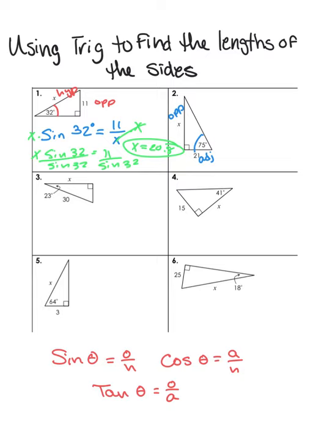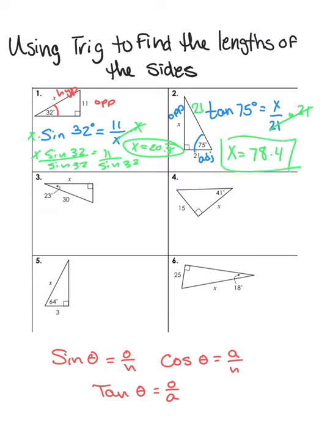So the tangent of 75 degrees is equal to the opposite over the adjacent. Because my variable is in the numerator, not the denominator, this is a one-step problem. I'm going to multiply by 21 to get 21 out of the denominator. 21 times the tangent of 75 tells me that x is equal to 78.4.